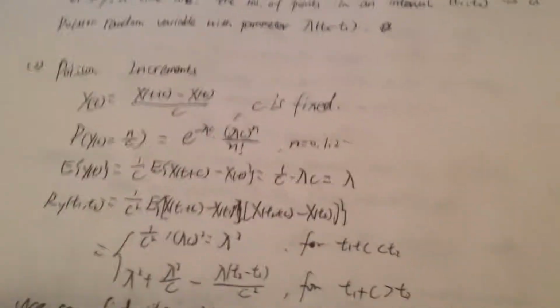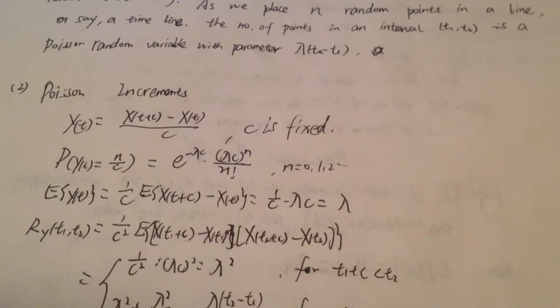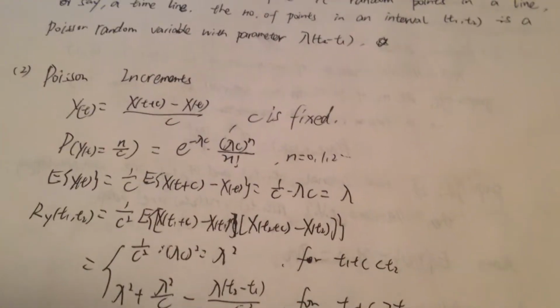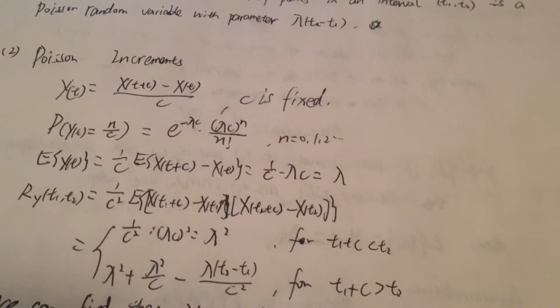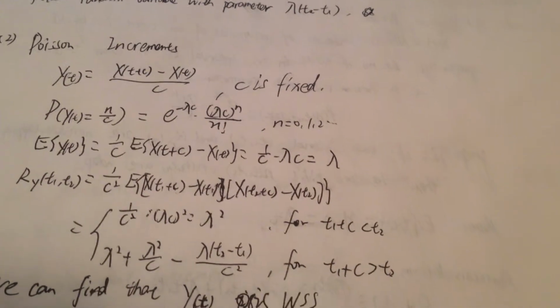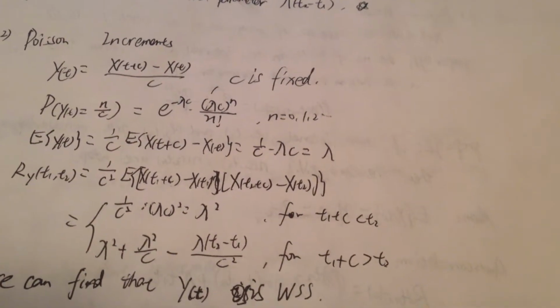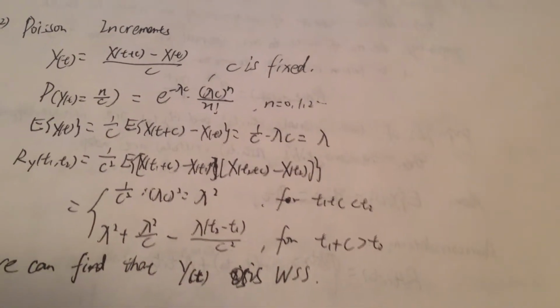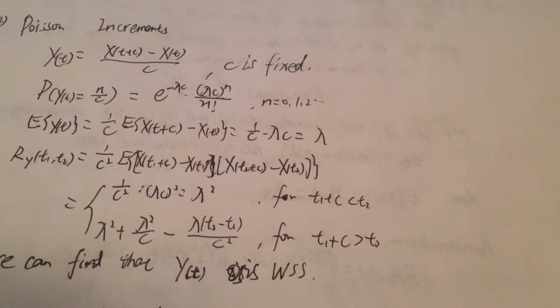And the second is the Poisson increment. As we have known the Poisson process, if we define Y(t) equals (X(t plus c) minus X(t)) over c, when c is fixed, let's find the properties of Y(t).